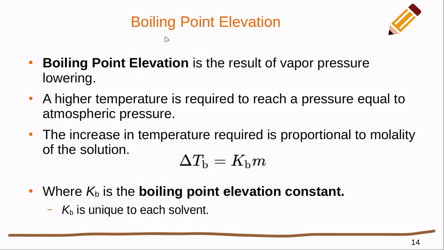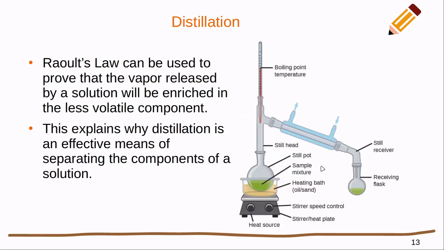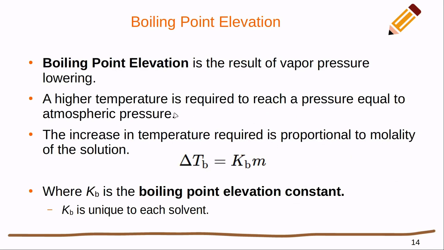So boiling point elevation is the result of the vapor pressure lowering. As we saw over here, the overall vapor pressure is only going to be some fraction of what it used to be. And as we talked about before, boiling occurs when the vapor pressure of the solution is equal to the atmospheric pressure.